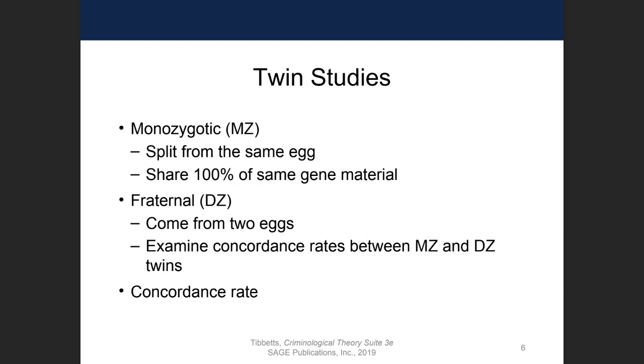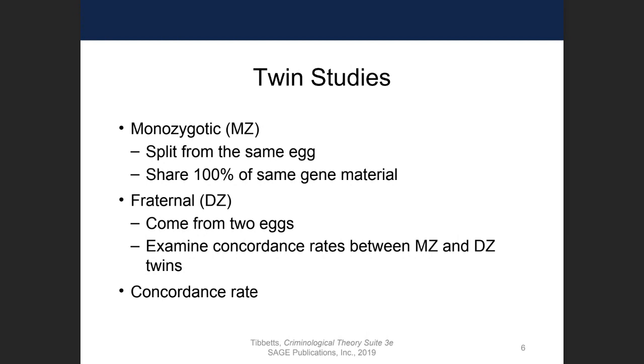That egg is fertilized, and then that egg splits. When that happens, those two children that come from that type of fertilization will share 100% of the same gene material. However, fraternal twins are different because with fraternal twins, there are two eggs, and both of those eggs are fertilized by different sperm.